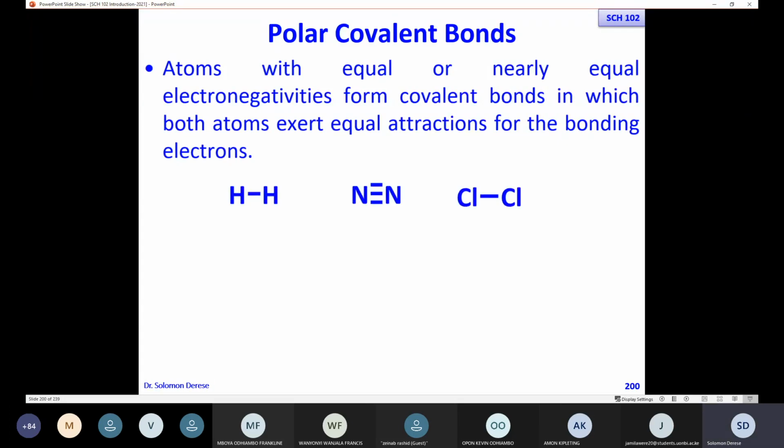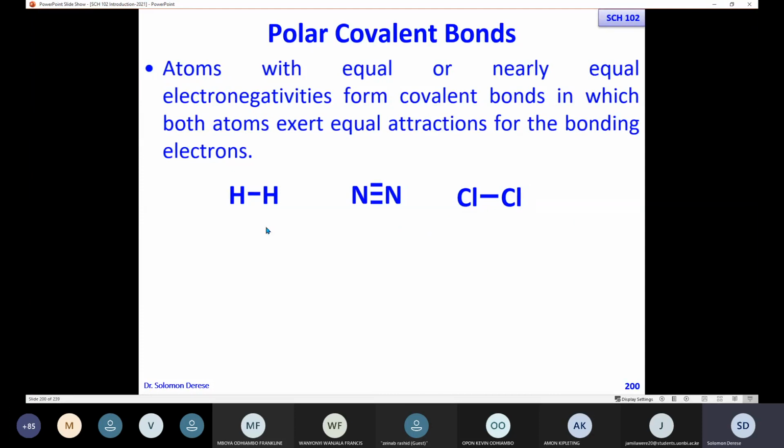For example, if you have a chemical bond between two hydrogen atoms, a chemical bond between two nitrogens, and a chemical bond between chlorine atoms, since this chemical bond is between identical elements, the electrons of the chemical bond, the electrons of the sigma bond in hydrogen, the electrons of the sigma and the 2 pi bonds in nitrogen, and the electrons of the sigma bond in chlorine will be shared equally between the atoms.